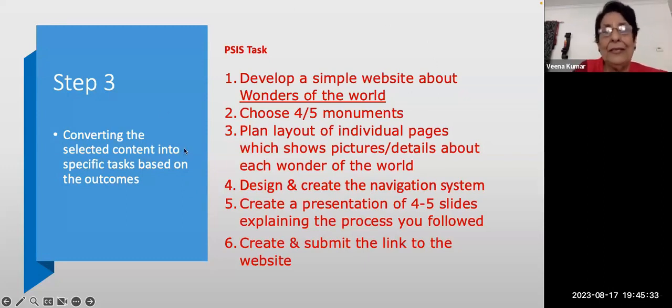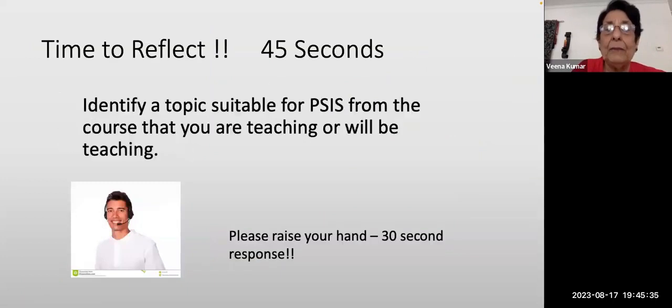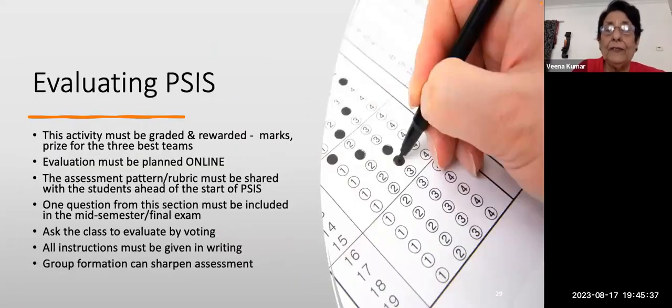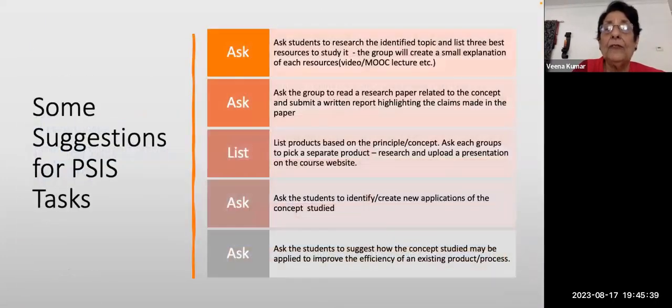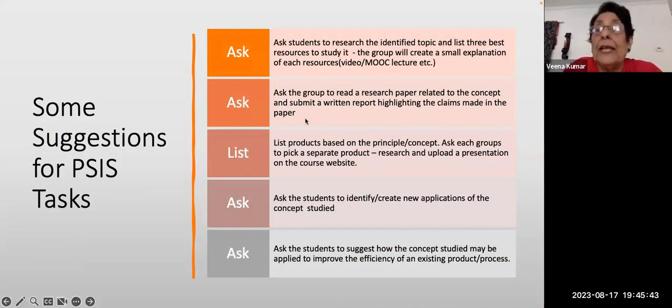This is very specific, but I have some suggestions for what kind of tasks are good that you can ask them to do. Ask students to research an identified topic and list 3 best resources to study. The group will create a small explanation for each resource. They can take a video, they can look at a MOOC, let's say AI for education.